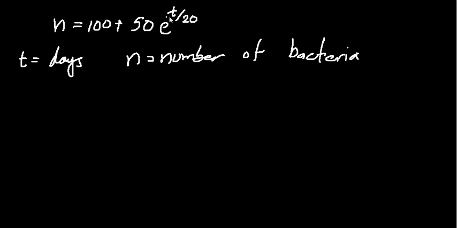Because T is the number of days, on day 1 you'd have e to the power of 1 over 20, that times 50 plus 100. As T increases, you can see that this value keeps on increasing, and that would be the number of bacteria that you'd have on any given day.